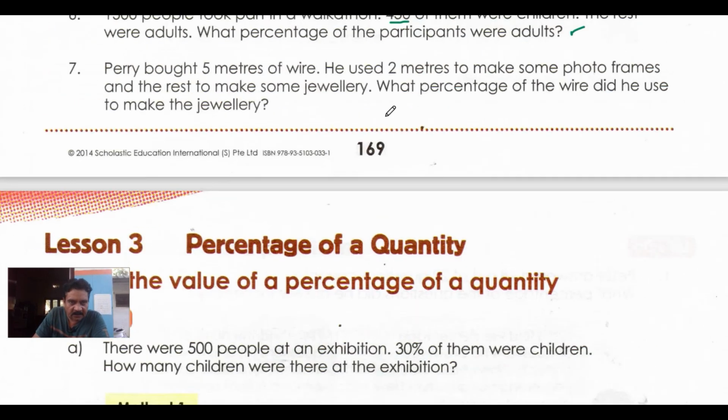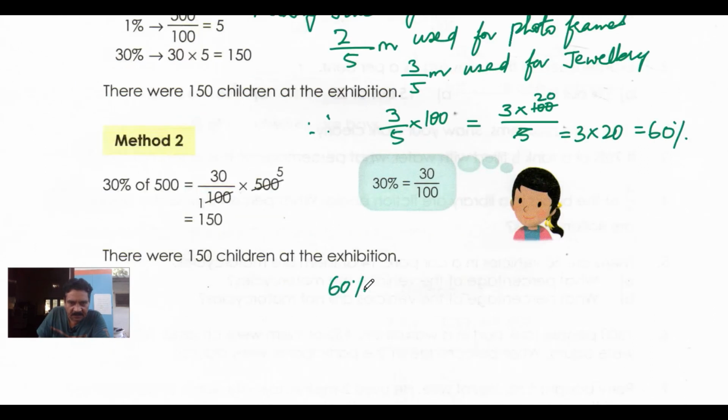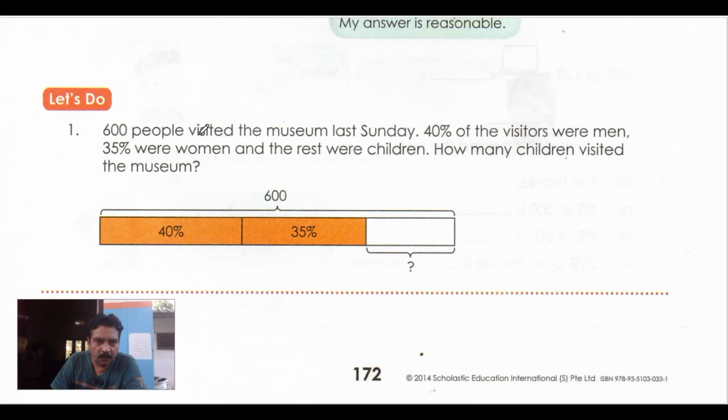The question here asked, what percent of wire did he use to make jewelry? 60% of wire he used for making jewelry. You have one more question here.